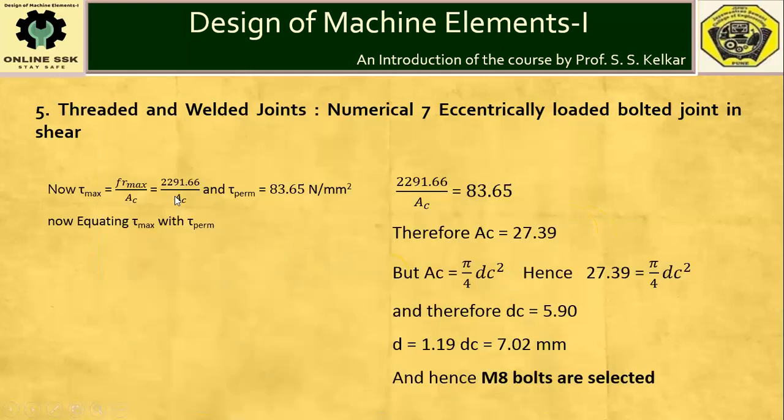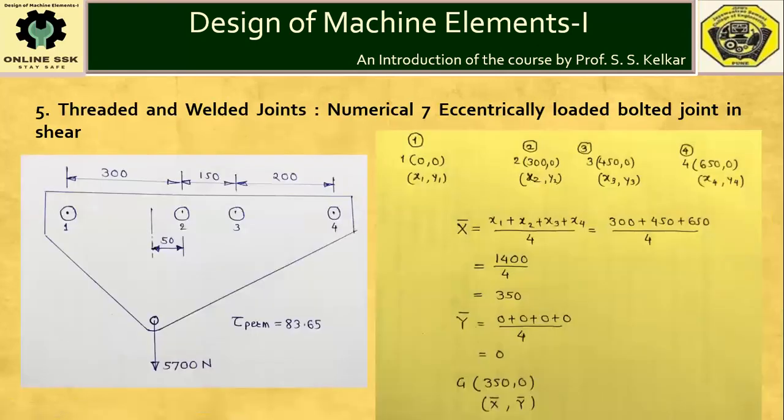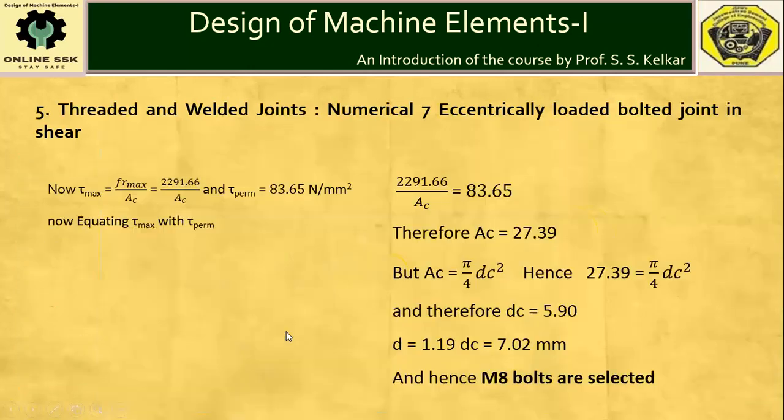2291.66. So Fr max divided by core cross-section area is the induced maximum shear stress. When that is equated with permissible shear stress, which is specified in the given data itself, equal to 83.65, the core cross-section area AC is the only unknown that will be found out.